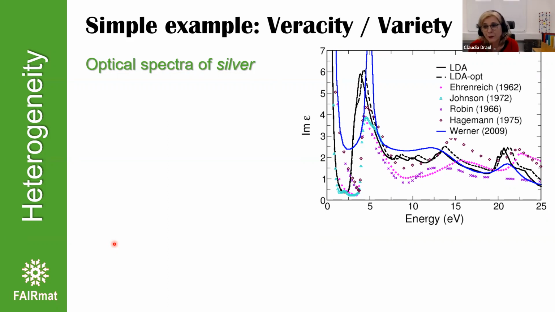Unfortunately, or maybe fortunately, I don't know, our world is not ideal. And the picture that you see here on top demonstrates this very clearly. This is the dielectric function of silver. And silver is the most simple material you can think of. It has one atom, and it's an elemental solid, but it's also a noble metal. So you would expect that this is a perfect example for creating benchmark data.